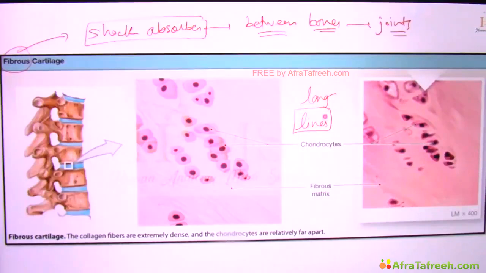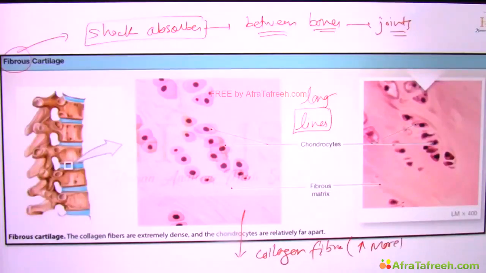And moreover, to differentiate from hyaline cartilage, there is more collagen fiber, and the collagen fibers are evident to our eye. There is more collagen fiber and fewer chondrocytes compared with hyaline cartilage. So this is some basic idea.